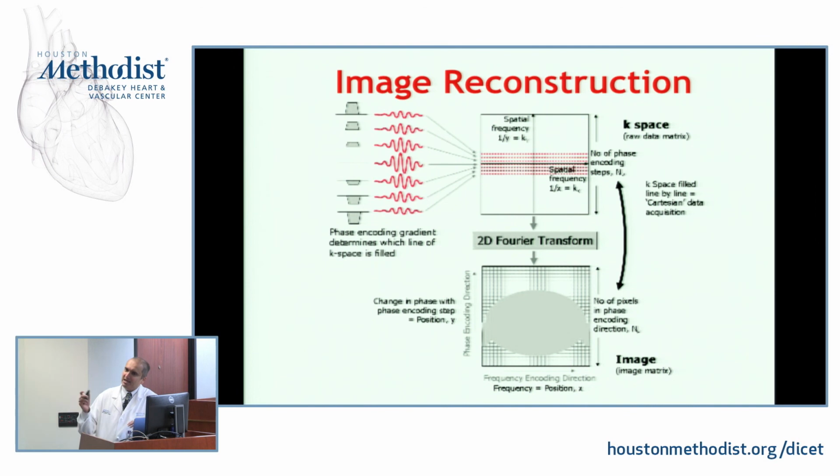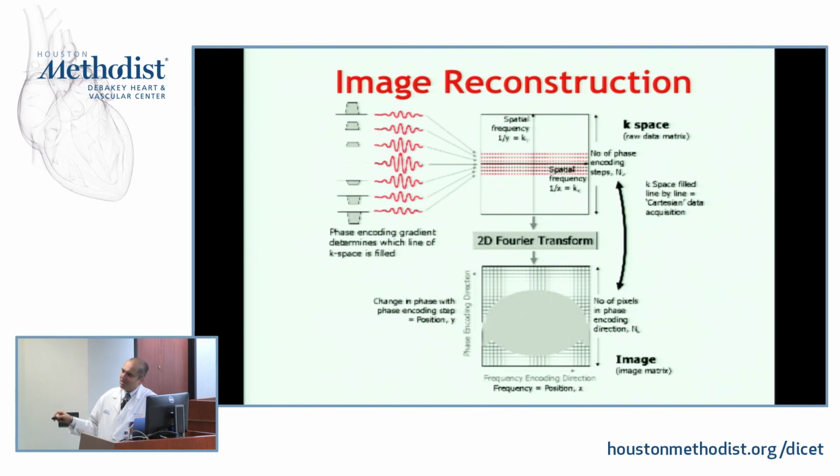Once we send in the radio frequency waves and we've applied these gradients to alter which protons get excited in the body and which ones do not, there's actually signal that's emitted back. And the signal that's emitted back comes in the form of phase and frequency information.